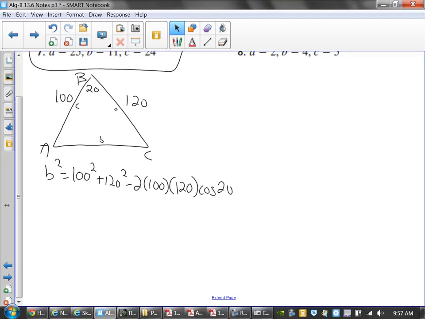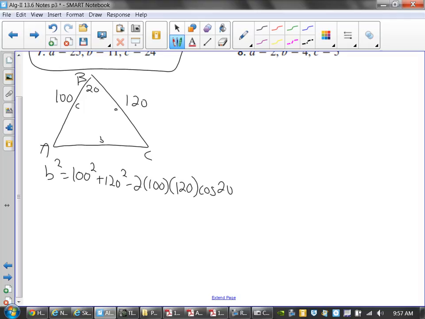When I type that in, do it with someone who has it. 100 squared plus 120 squared minus 2 times 100 times 120 cosine 20. I got 120.86.